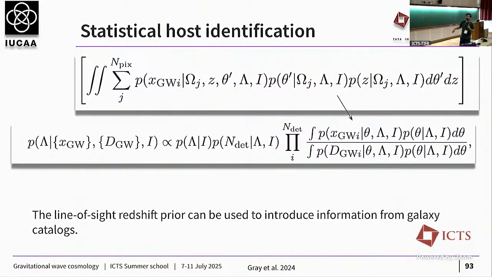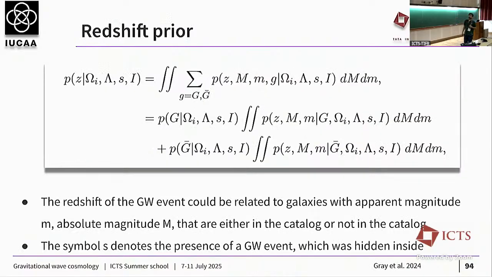What is the probability that you get a z in a given pixel omega j? This thing is called a line of sight redshift prior. So redshift prior towards a given pixel omega j, what is it? So let's work that out. Instead of omega j, I have made it omega I in this paper, so just take the equations from there.